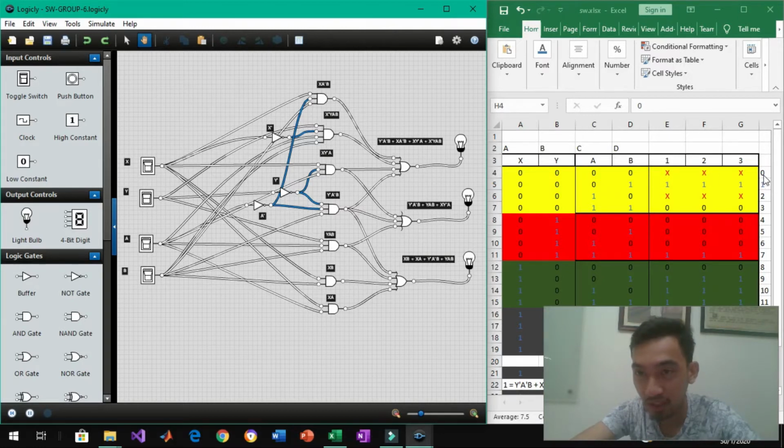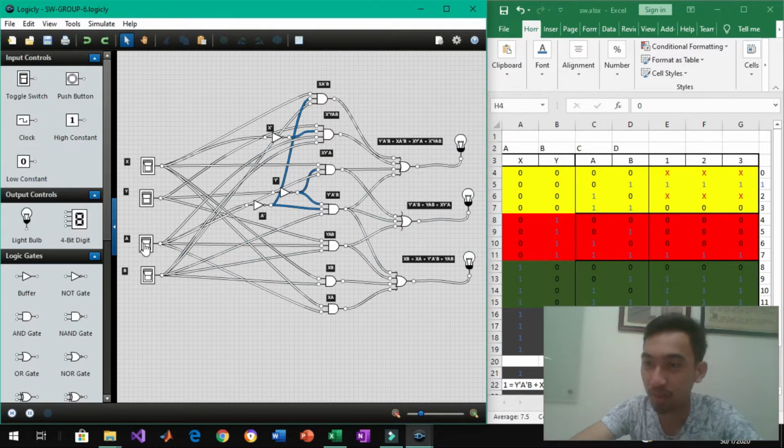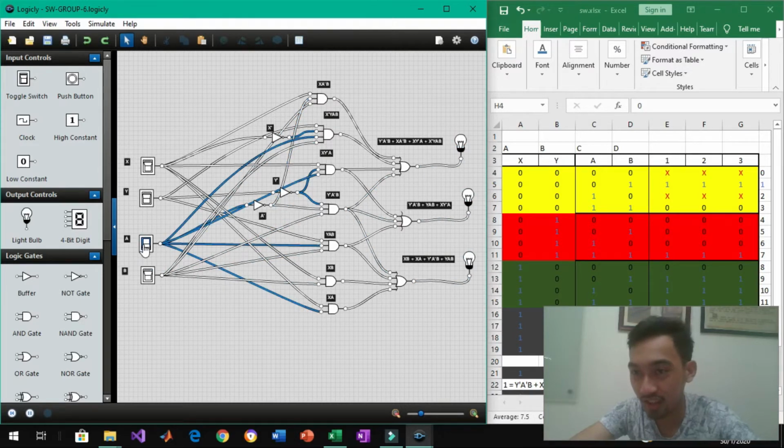So at min term 0, output 1, 2, and 3 are all x, and at min term 1, all the outputs are 1, and at min term 2 there are x.